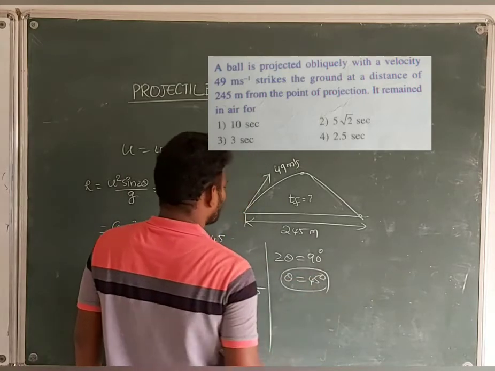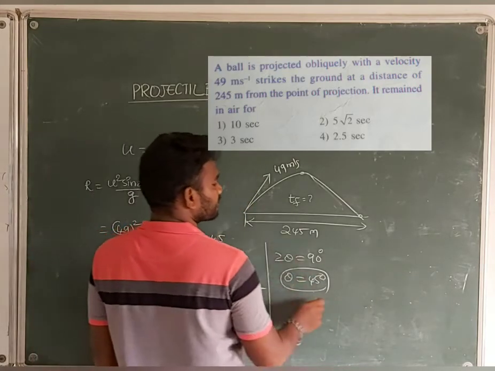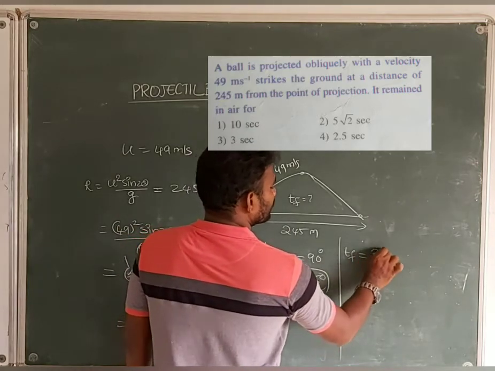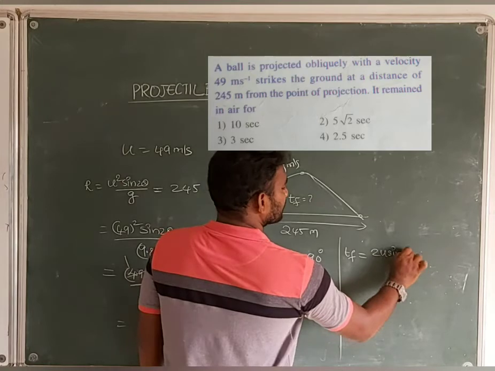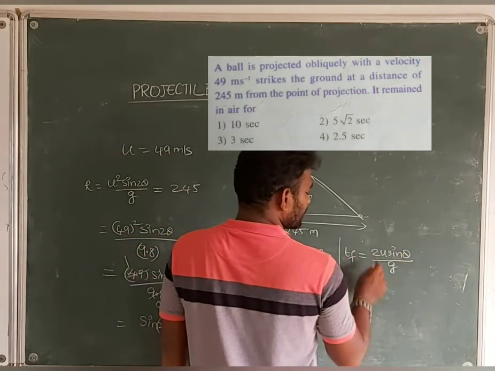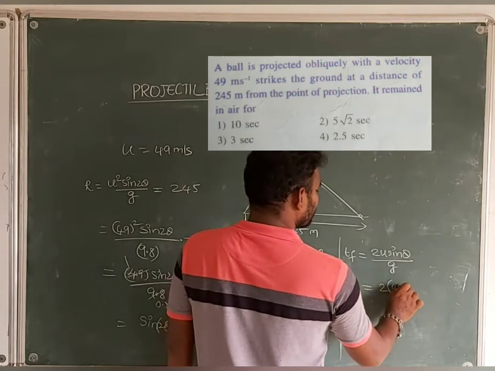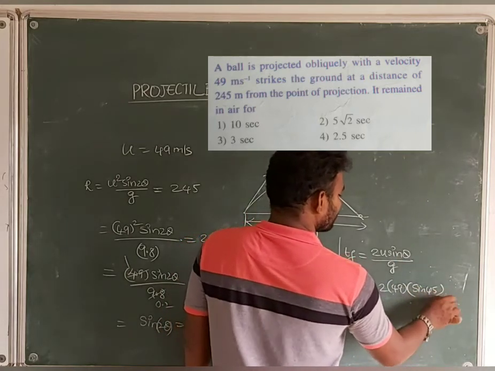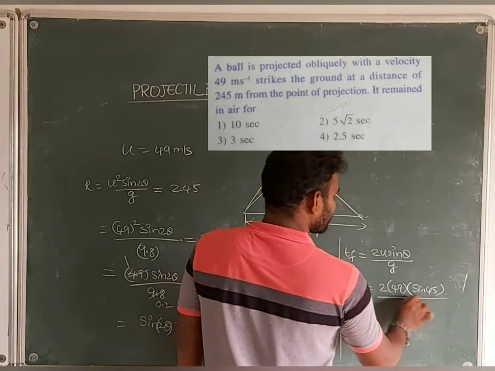That's all. Once you know the theta value, you can easily find TF. TF is equal to, direct formula, 2u sine theta divided by g, the formula for total time of flight. So 2 means 2 only. U means 49, sine theta means sine 45, divided by g means 9.8. That's all, students.